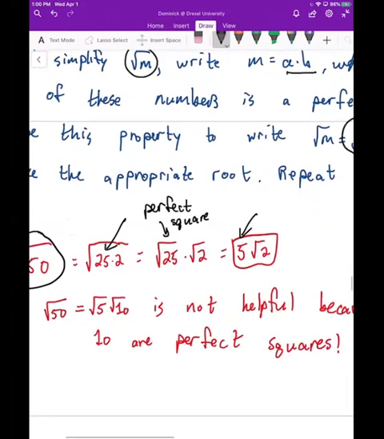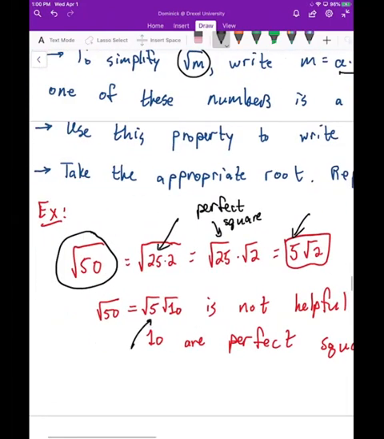Now, if you broke it up into the square root of 5 times the square root of 10, that's valid as far as breaking up 50 into two numbers, but the problem is that neither one of those is a perfect square. So it's not particularly helpful to write it that way. The key step there is you need one of those numbers that you're breaking your original number into to be a perfect square.